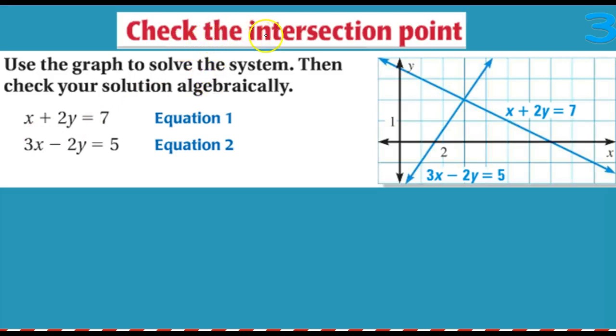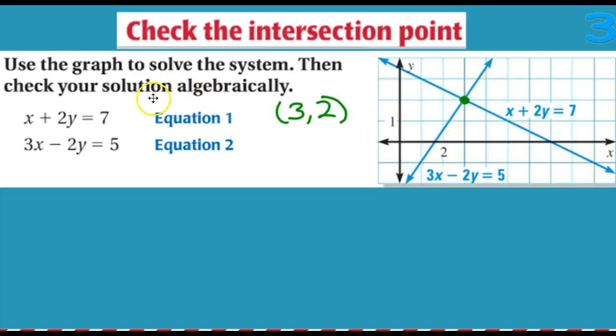Here we need to check our intersection point. So we're going to use the graph to solve the system, then check our solution algebraically. If we look at our graph, we see that we have an intersection right here. That is at the point 1, 2, 3, up 2. So we see that this point is (3, 2).